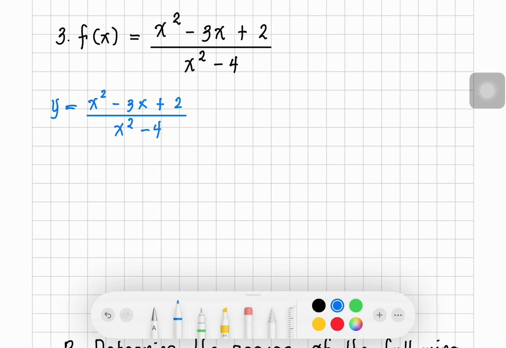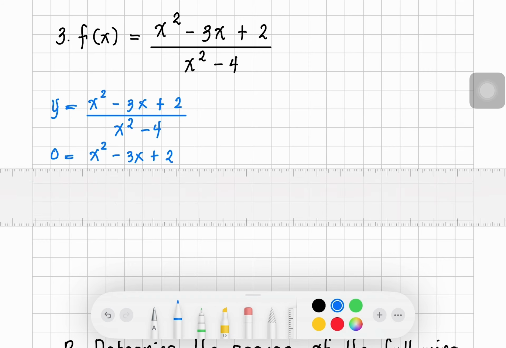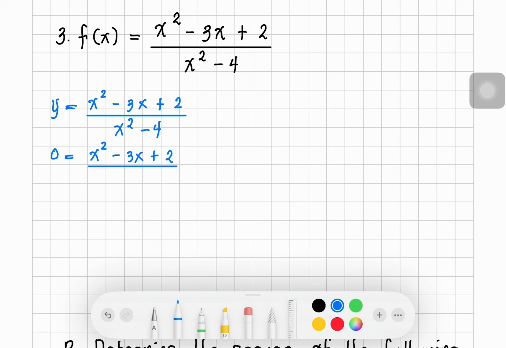Okay, so to solve for the x-intercept, let y be equal to 0. So yung y natin, gagawin natin, very good, 0 equals, copy x squared minus 3x plus 2 divided by x squared minus 4.